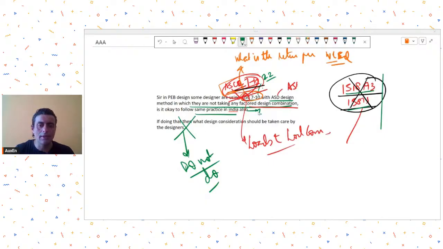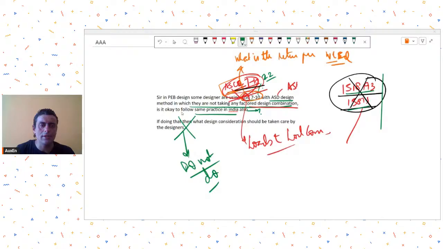So do not do it like that. And for a detailed explanation to a similar query, just go to the Ask AuxEn Anything session number 65, I think, where we have explained this in greater detail. So you may have a look at that episode also. Short answer to your query: do not mix and match. It's incorrect. Do not do it.